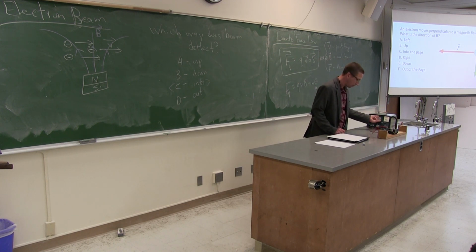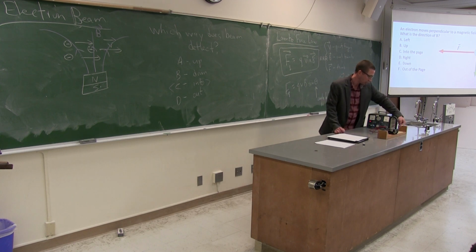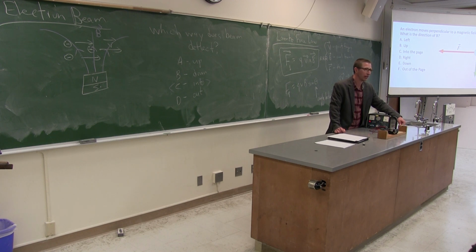So this switch here turns on the current. You can see what happens is the force is large enough to actually, right now the tape is just hanging downwards under the gravitational force. But the magnetic force is large enough to actually pick it up. Now let's try to understand why the force is upwards.